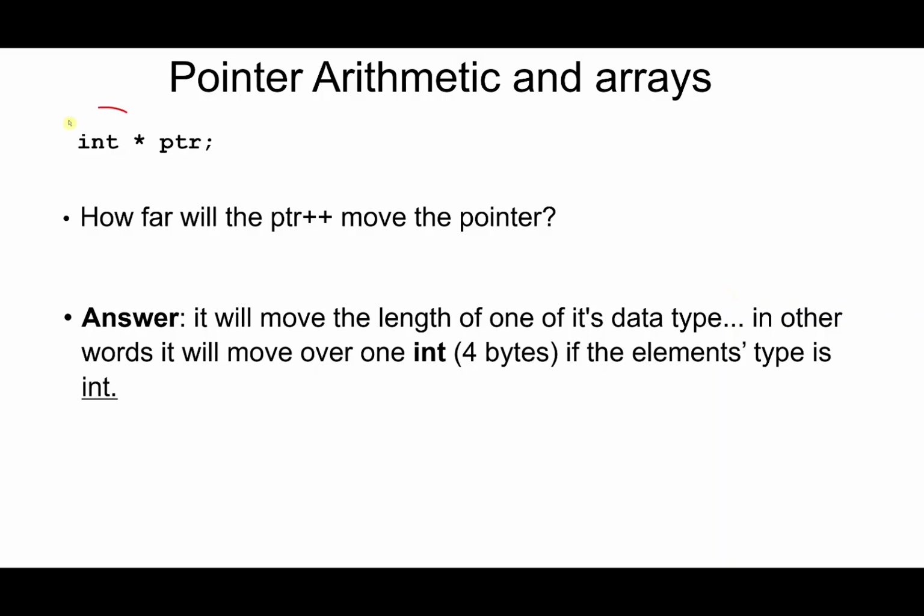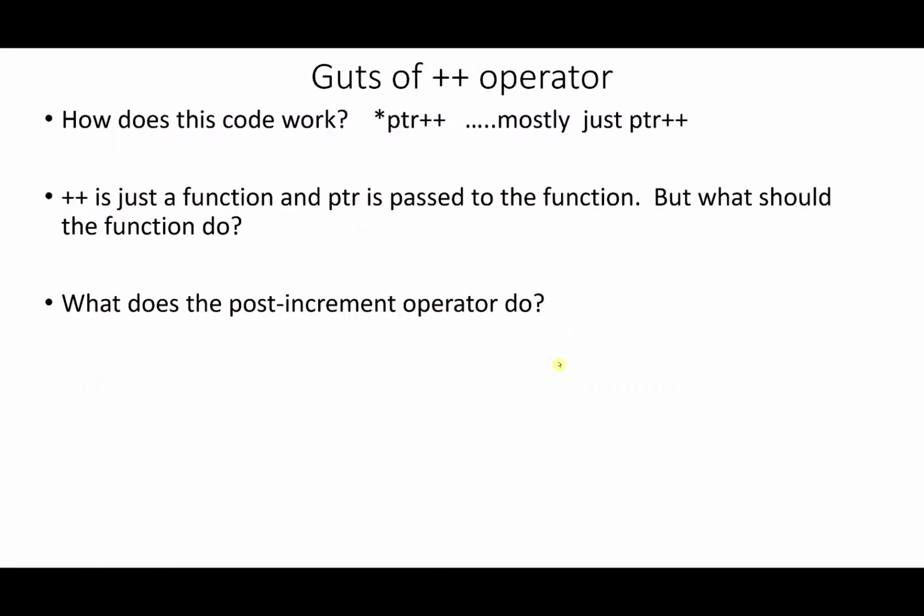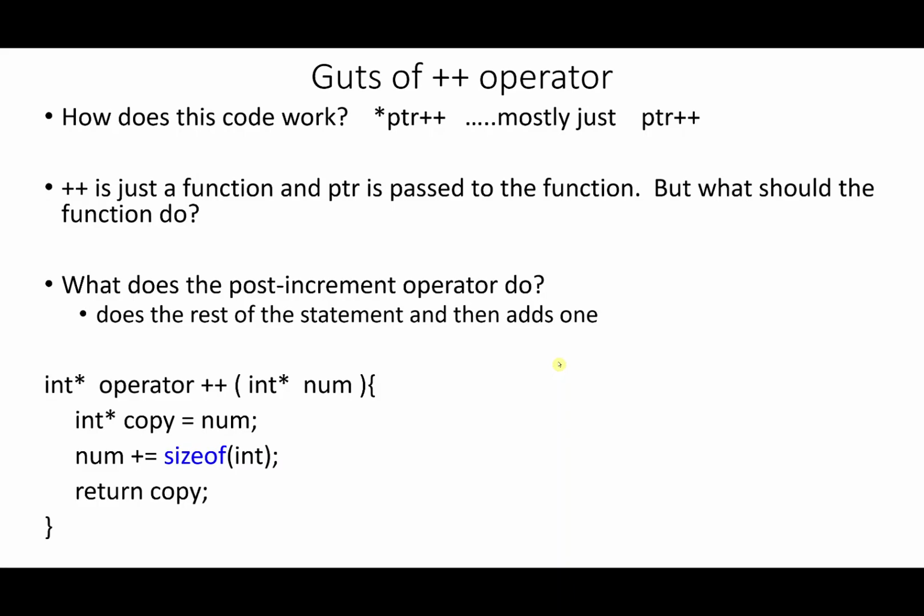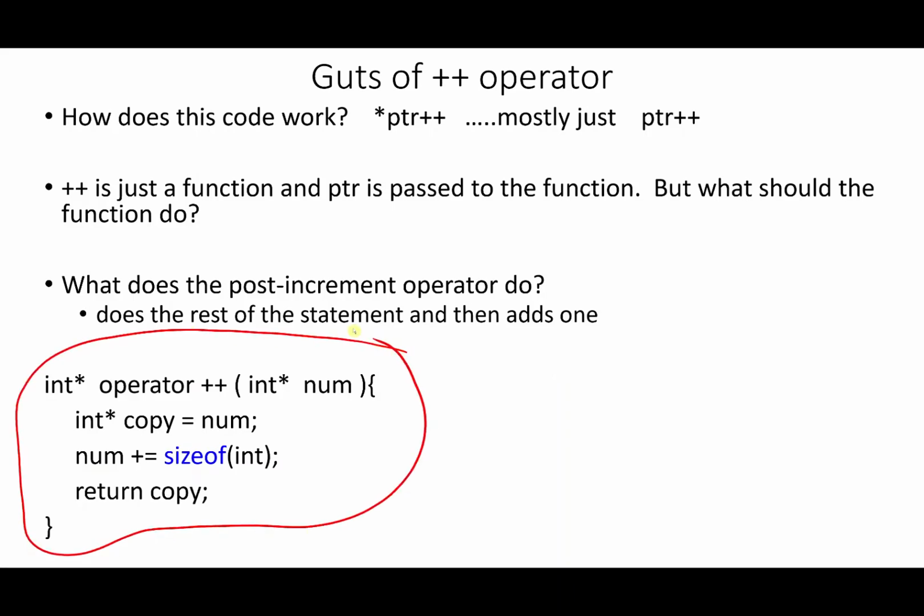We answered this: it will move the length of one of its data types. So if I have an int array, then I jump int size, which is 4 bytes if the element's type is int. Now, how does the post increment operator work if the plus plus is just a function and ptr is passed to that function? So basically here is the function. It's a special function called operator function, and it's operator plus plus.